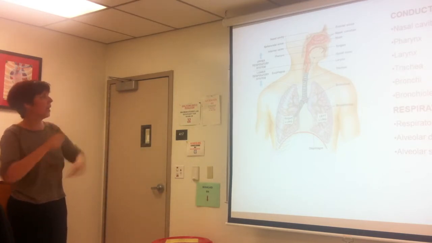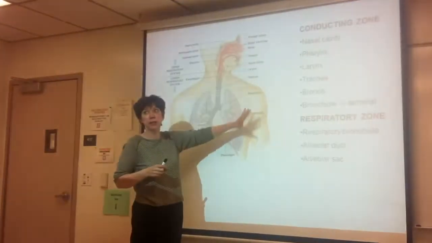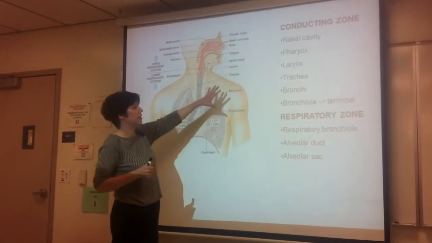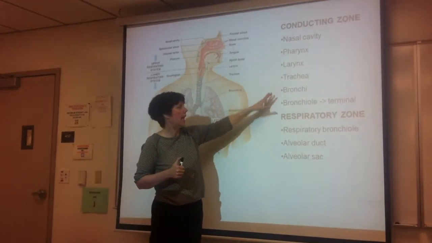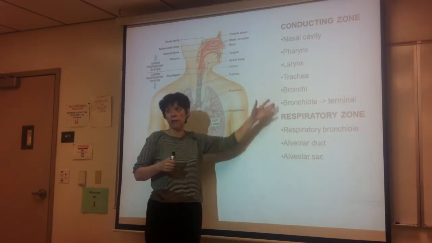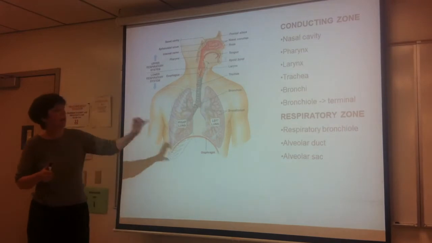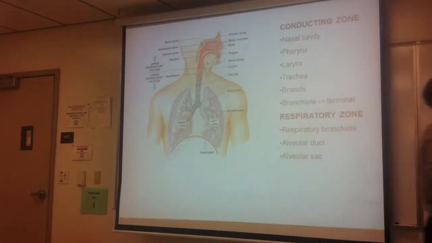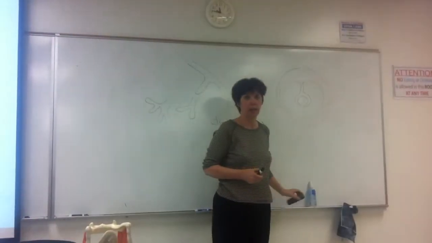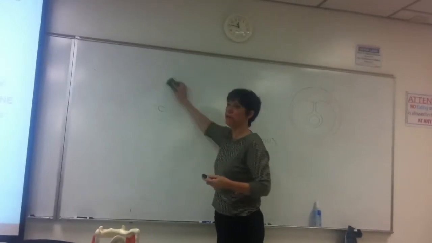So let's look at, we can talk about 2 functional or structural components. We have a conducting zone and we have a respiratory zone. These are functional divisions of the airways. The requirement for a respiratory zone is that gas exchange is available. For gas exchange, we have to have a very short diffusion distance.